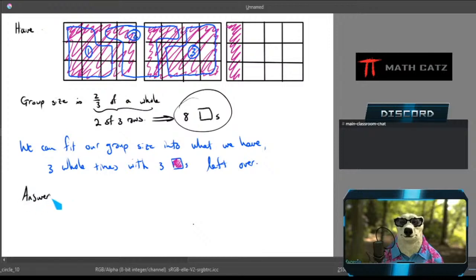My answer is therefore going to be, I can follow the instructions, doing this fitting in of groups 3 times with 3/8 of a group that I can account for, or 3/8 of a time more, however you want to say it. That is my answer.